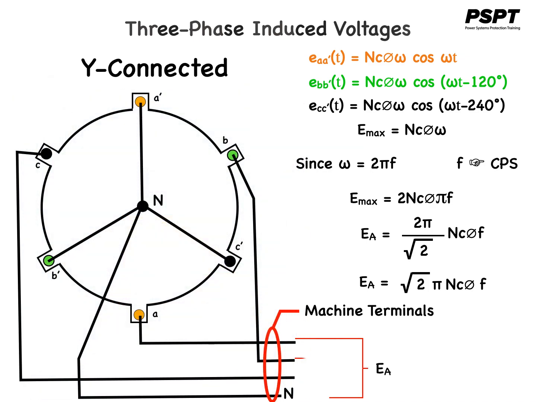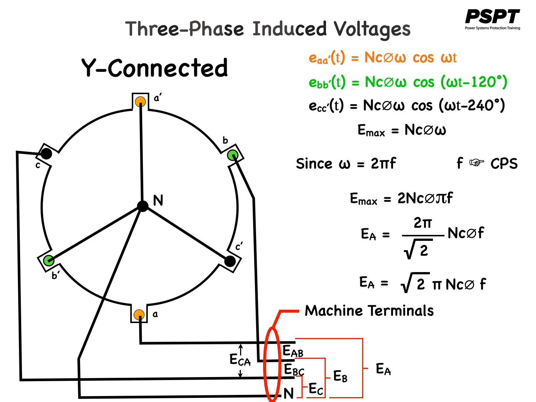Notice that the connections form a neutral, which creates phase voltages EA, EB, and EC. Now this is a good example of something that you're going to have to get used to. Engineers and technologists take the liberty of designating phase voltage values without mentioning the neutral designations.